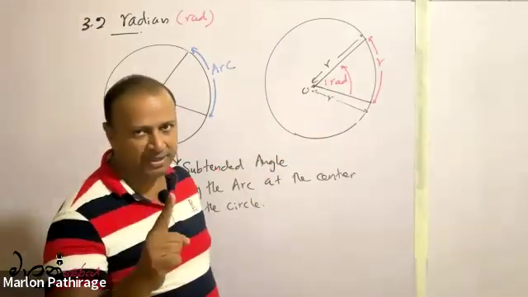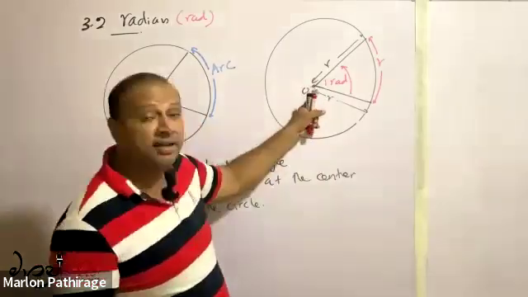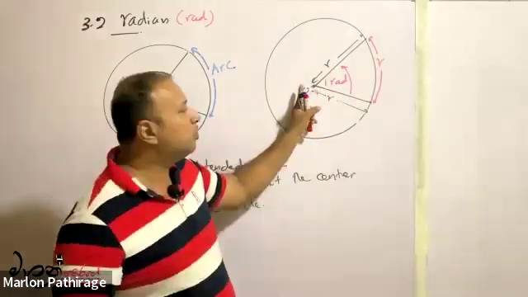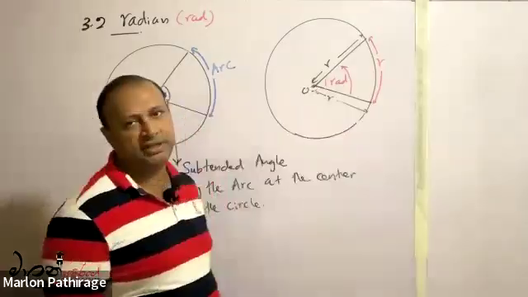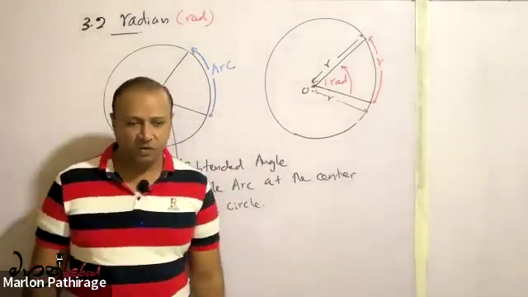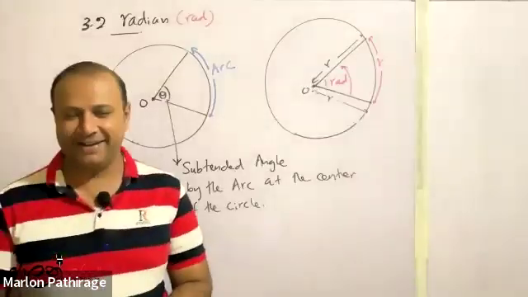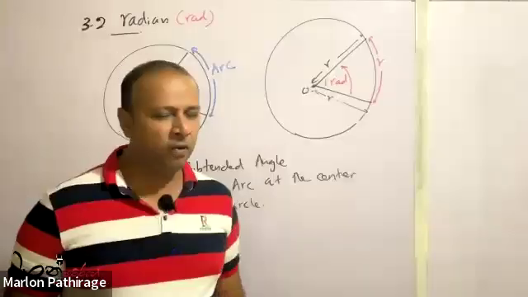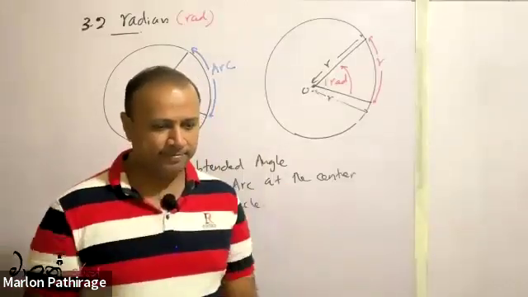Therefore, 1 radian equals the subtended angle by an arc which is equal to the radius of the circle. Is that clear? If you get that one, please raise your hands.